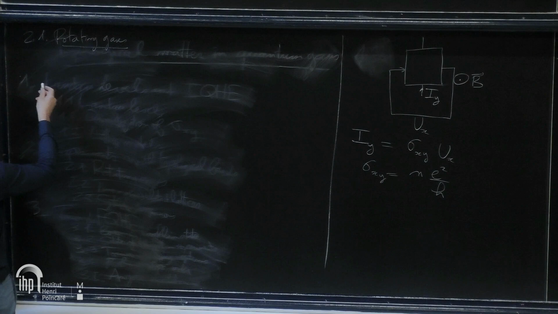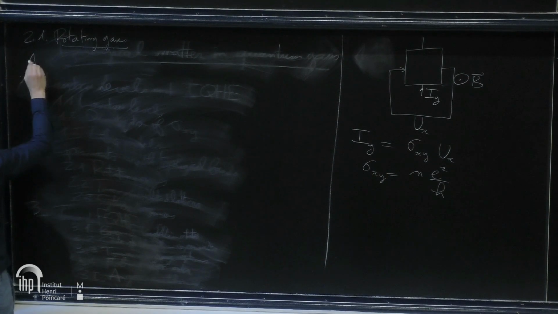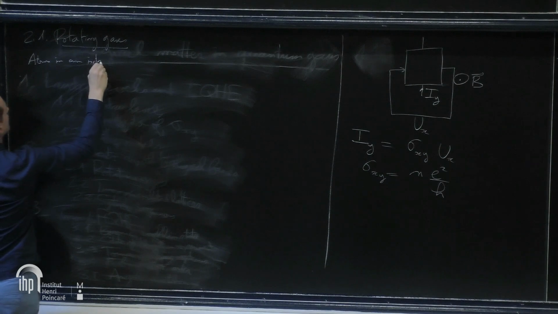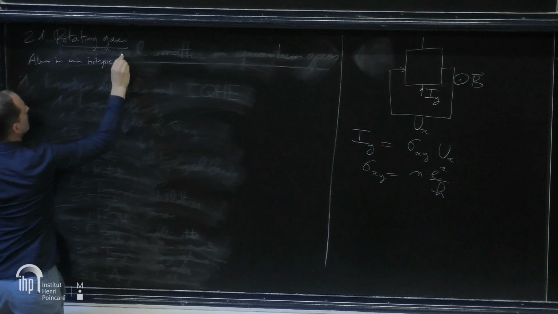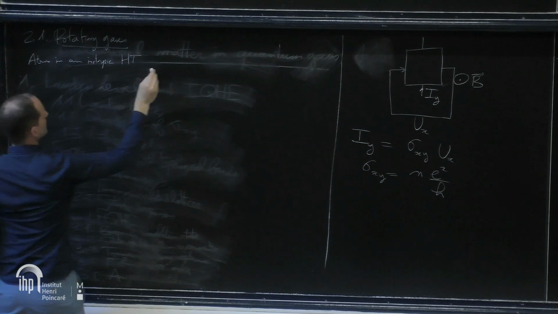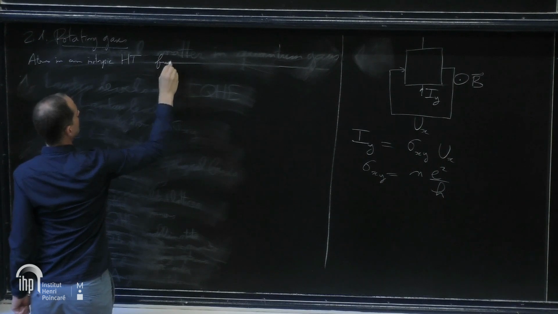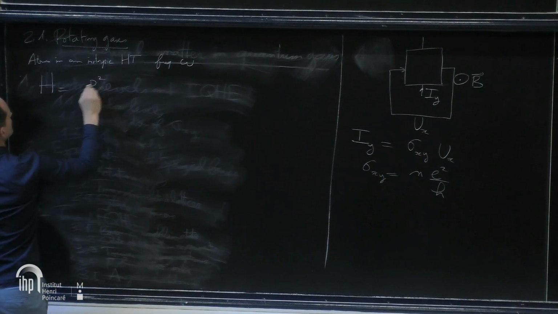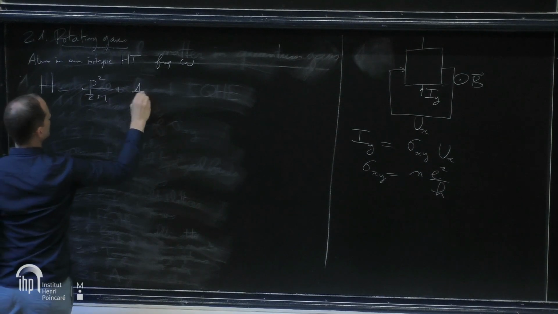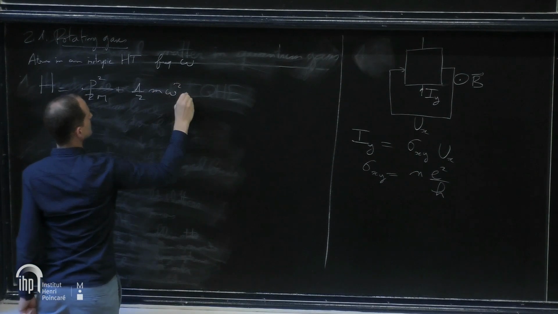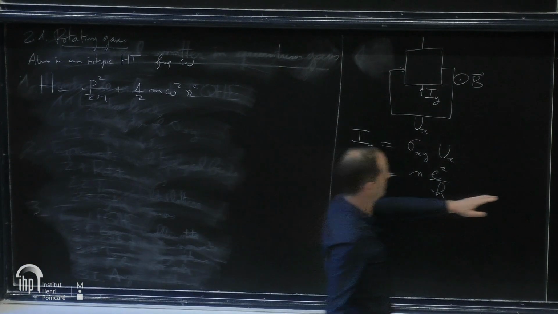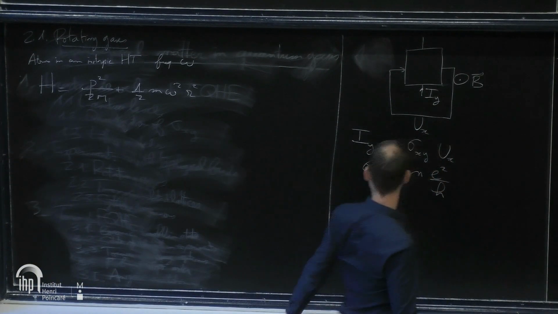So here we consider neutral atoms in an isotropic harmonic trap of frequency omega. Then the Hamiltonian is p squared over 2m plus 1/2 of m omega squared r squared. And this looks like the first part that I've written here.